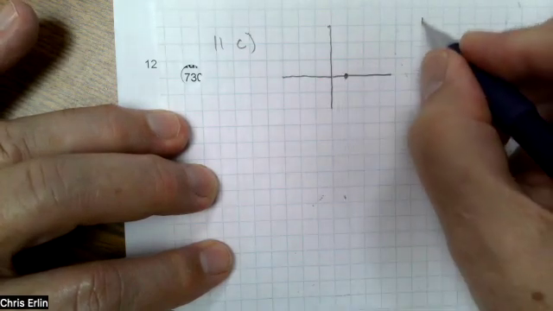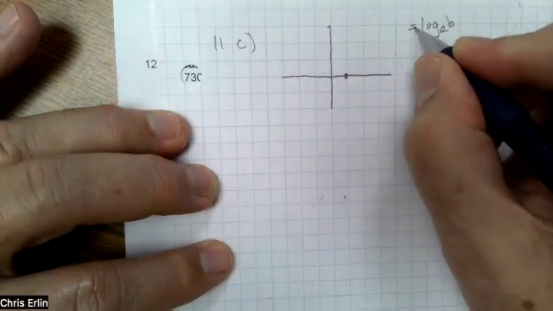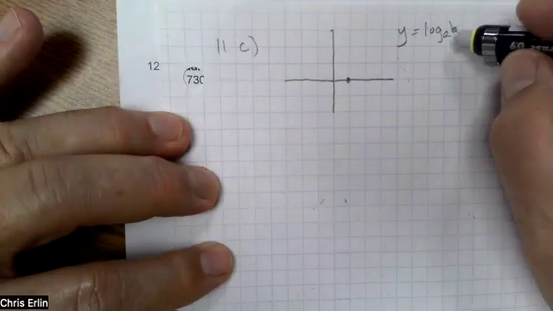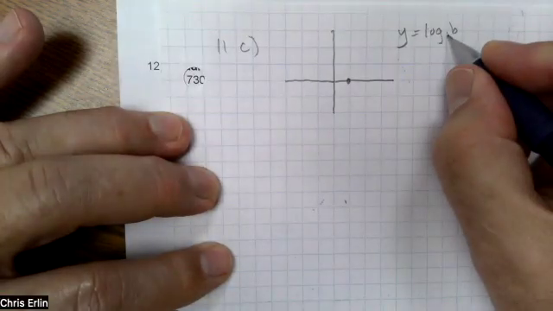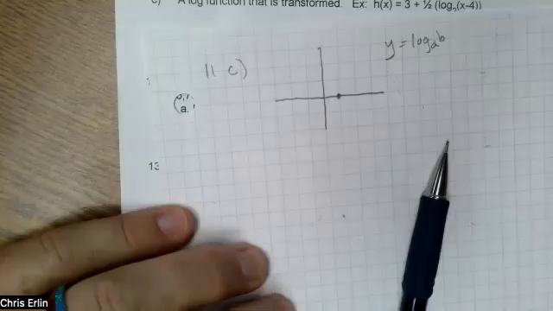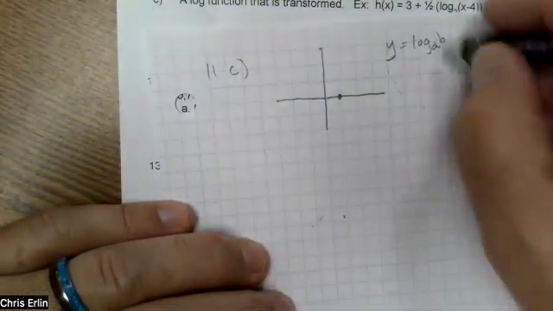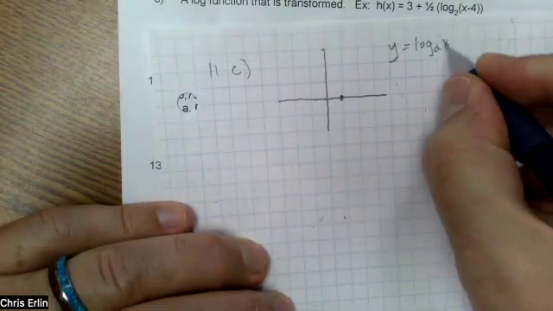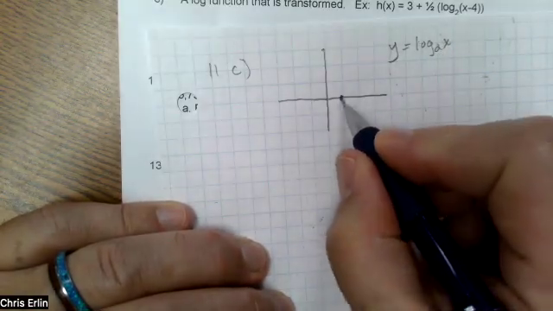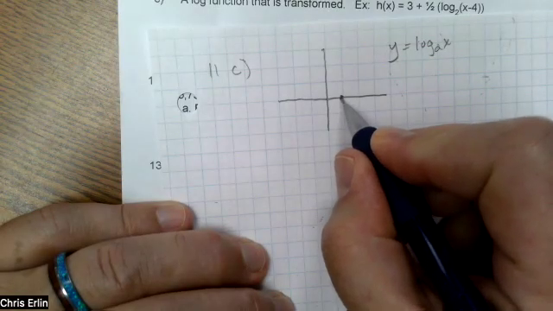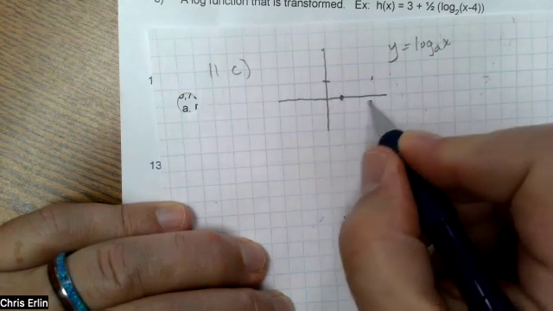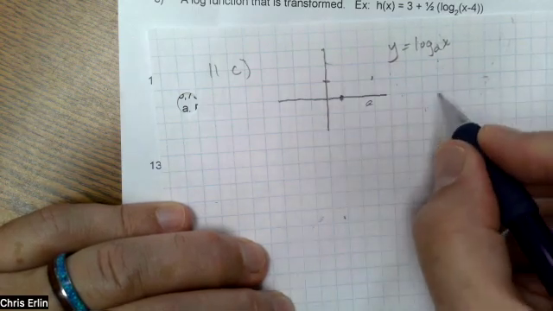And then if, for instance, it's log base a of x, if this base is a, then that means that this point 1, 0 is always on the graph. And when you go up 1 unit, it goes over a units. When you go up 2 units here, it goes over a squared units.